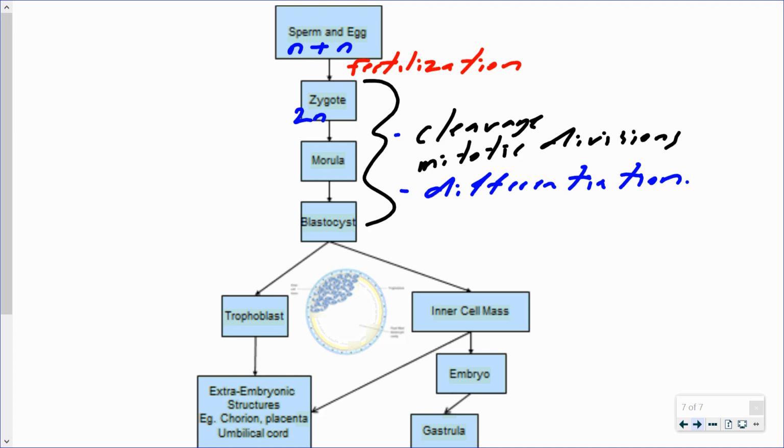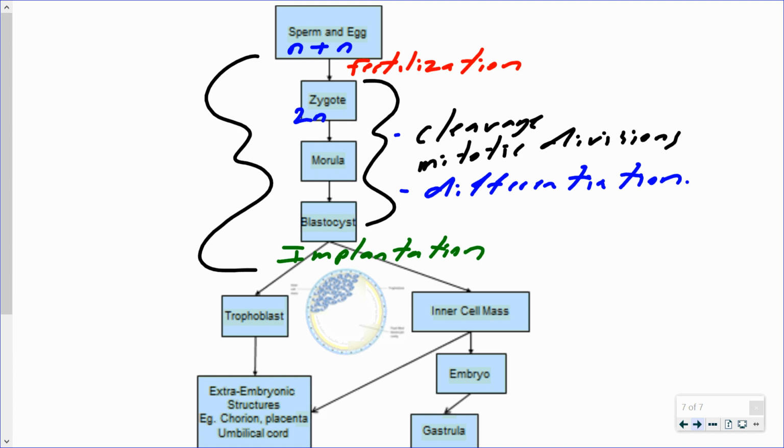Once we have the blastocyst, and now we've reached the stage of the uterus, we're going to have implantation taking place. And once again, there is a time frame for all of this. All of this from fertilization through to implantation takes about 6 to 7 days. About 1 week after fertilization, implantation is going to take place.